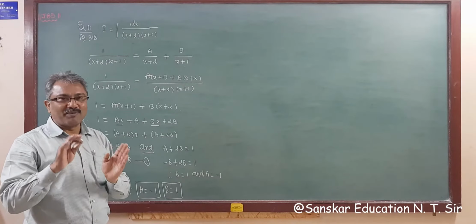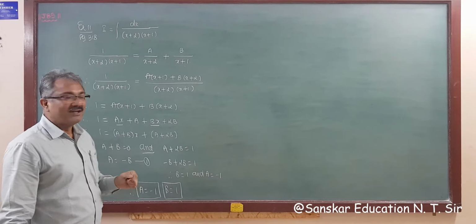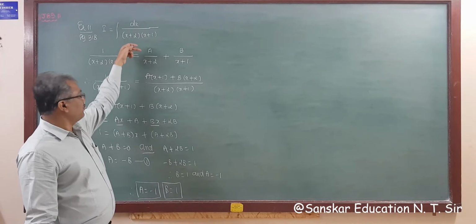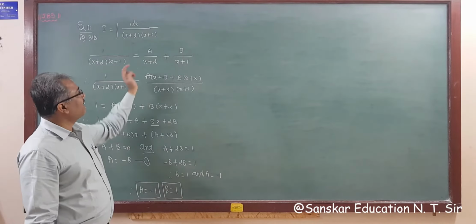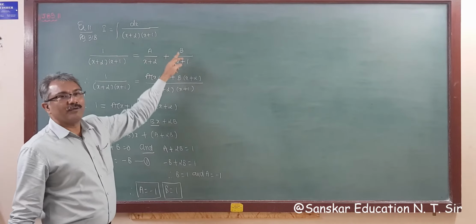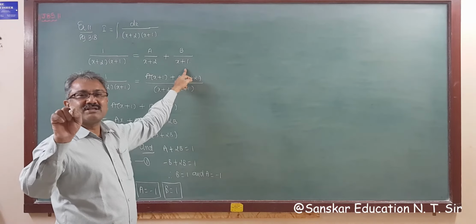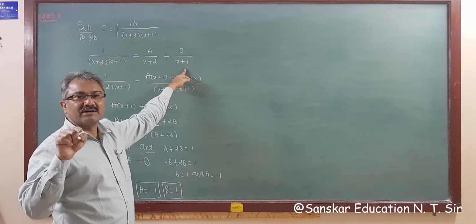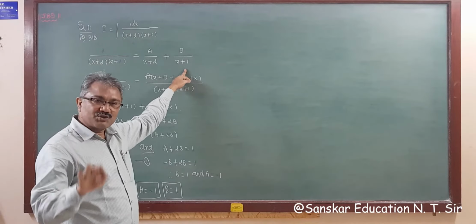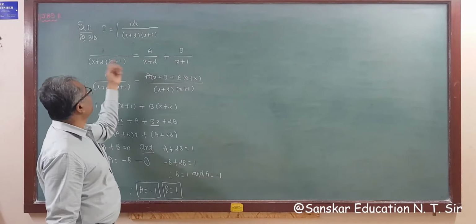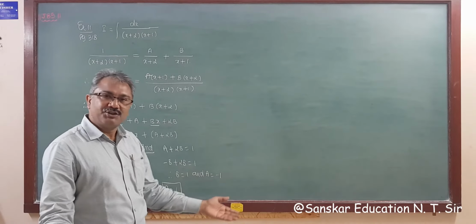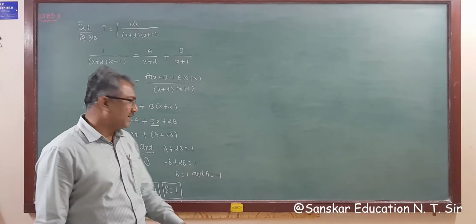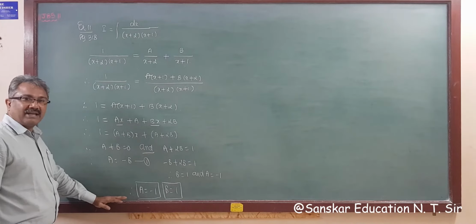So never copy from your friends in exam, because in exam you find a equal to minus 1, b equal to 1, and your friend writes a upon x plus 1 and b upon x plus 2, then you are going to change your answer. That is not correct. You are also correct, but you change the coefficients, that's why your answer will be changed. So this is the way to find a and b.